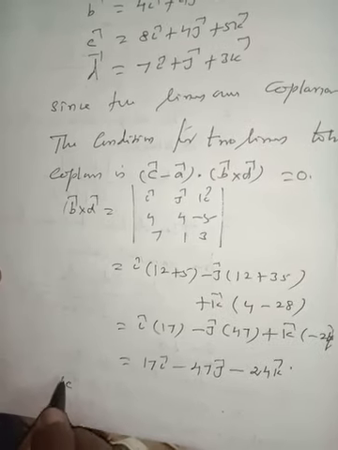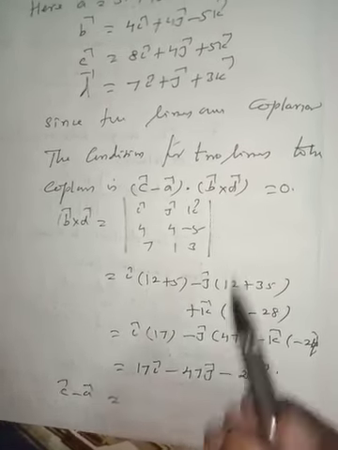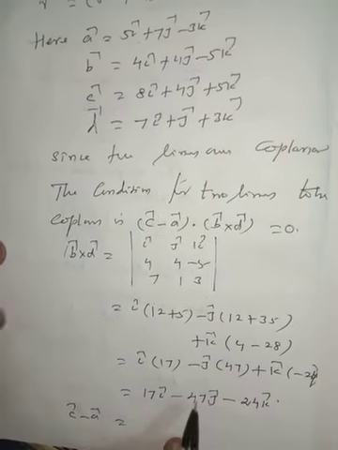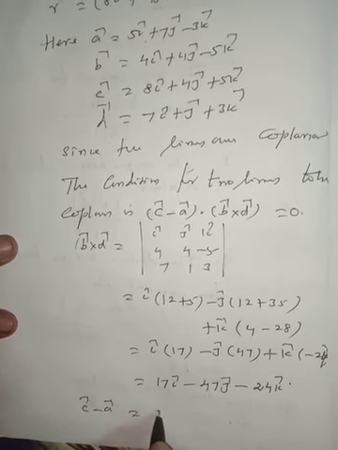Now c vector minus a vector. 8 minus 5 is 3i vector.